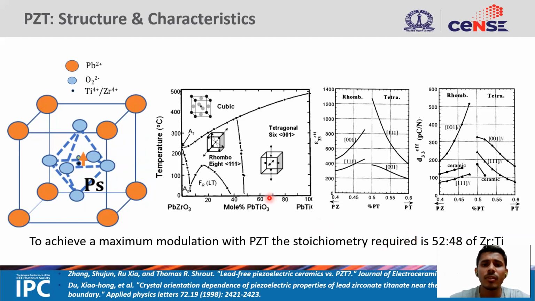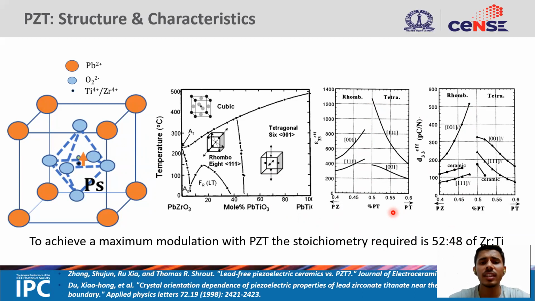As you can see from the graph on the right-hand side, the first thing that we need to optimize is what stoichiometry of lead zirconate titanate we need to get the maximum output in an electro-optic device. As you can see, the epsilon 33 and d33 coefficient at a 52:48 ratio of zirconium to titanium gives the maximum value.